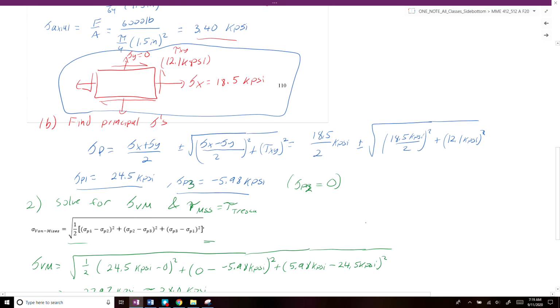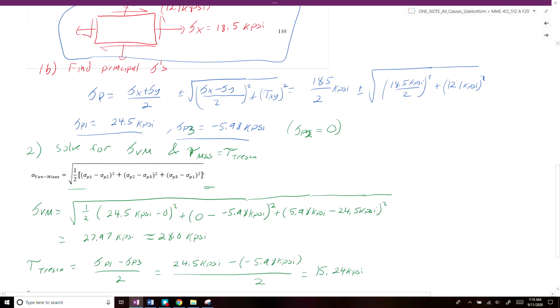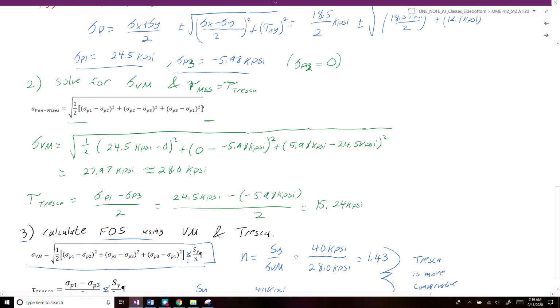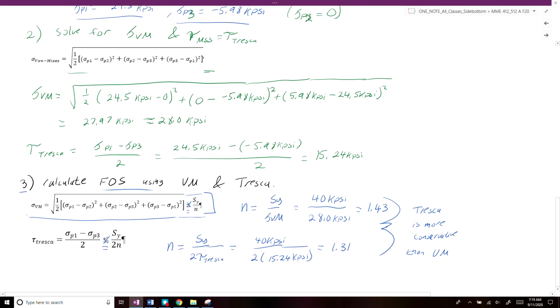And then with the principal stresses, it's really easy to solve for our von Mises stress and also our maximum shear stress, or our Tresca stress. And then once we have our von Mises stress and our Tresca stress, it's really simple to apply those factor of safety equations in order to solve for the factor of safety in this case.